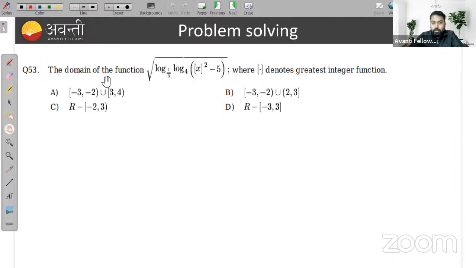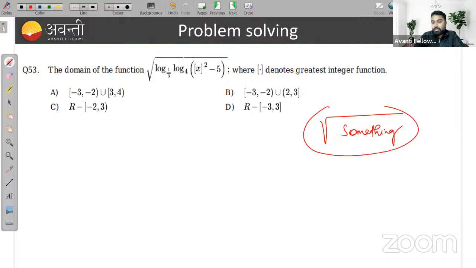Here, you have to find the domain of this function. So how can we find the domain of this function? If you remember, when we have something under root, for this function to be defined, this something must be greater than or equal to 0.